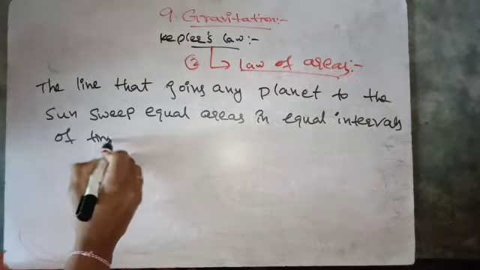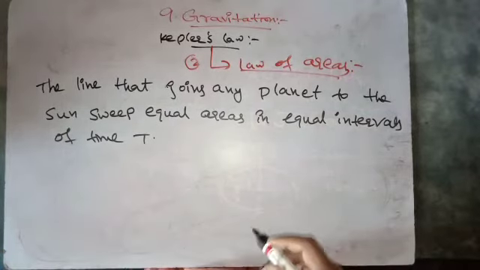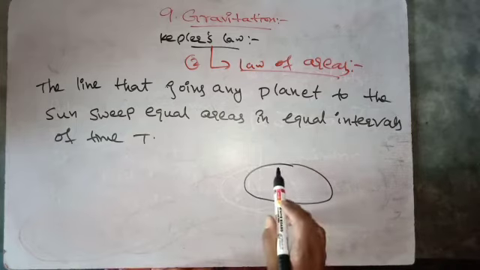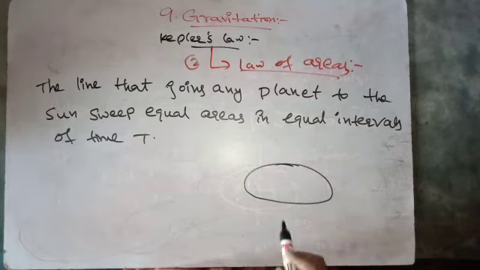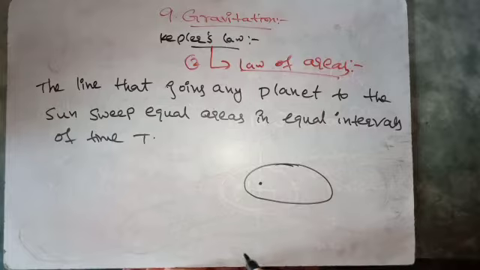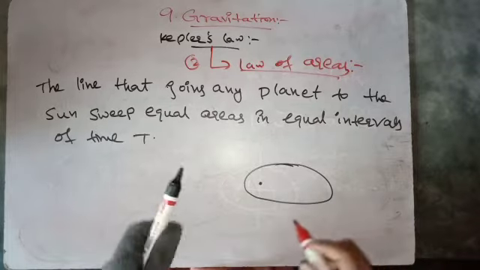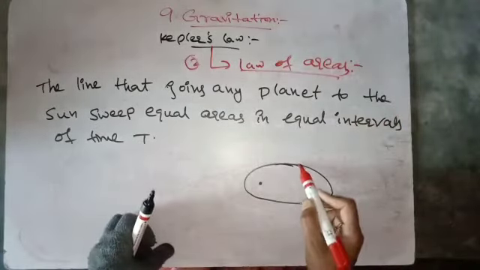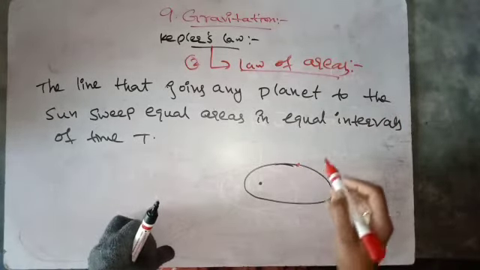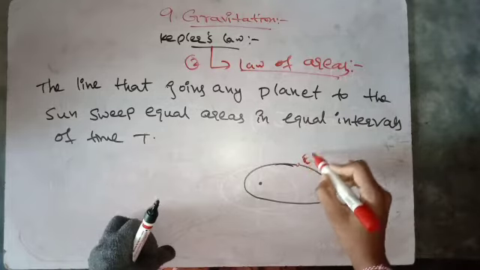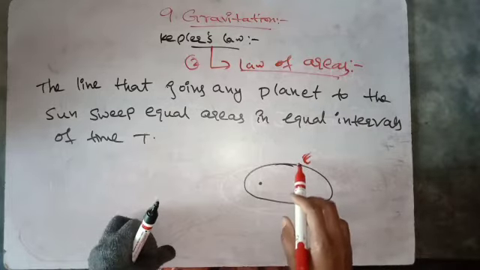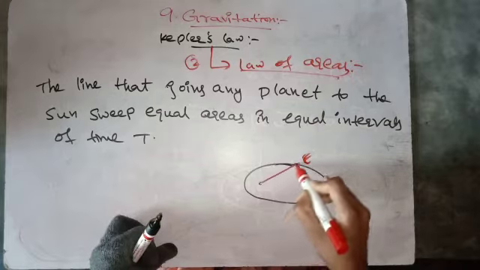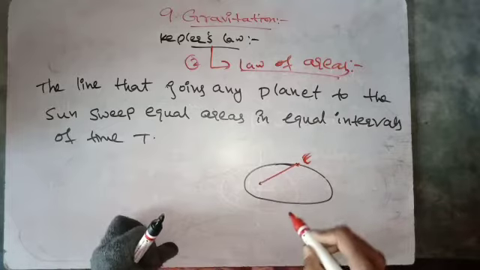If this is an elliptical orbit in which planets are revolving, and here the sun is situated, I am taking a line from the sun to the position of the Earth.